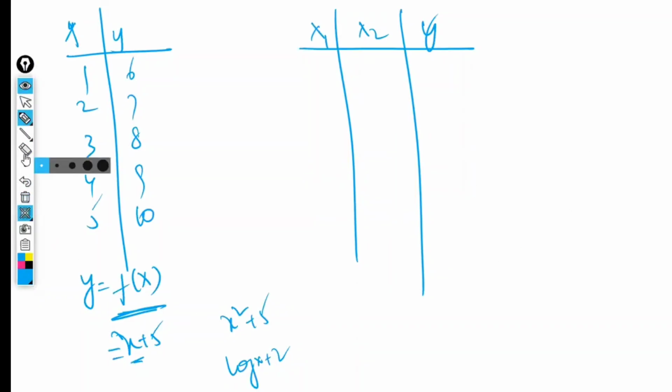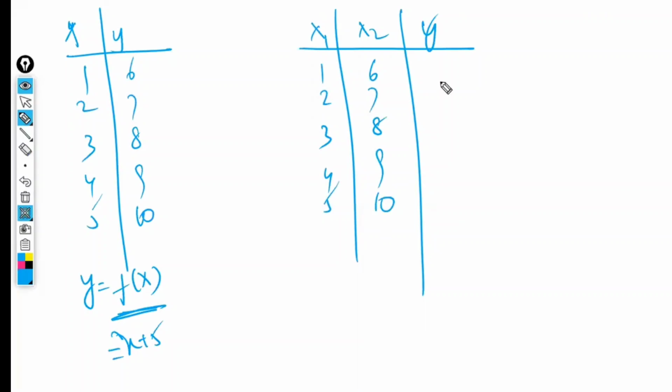Now, here, with x1, x2, y, rows 1 to 15, y is equal to f of x1 comma x2.